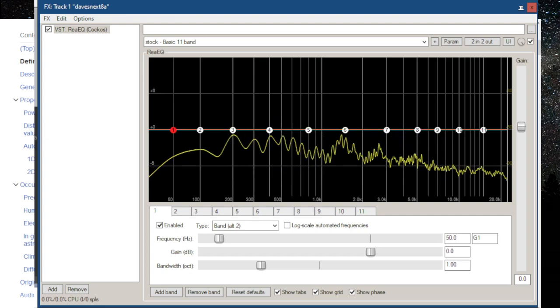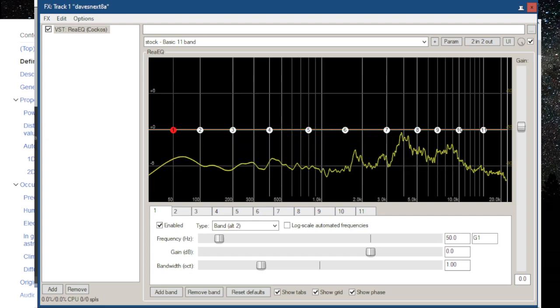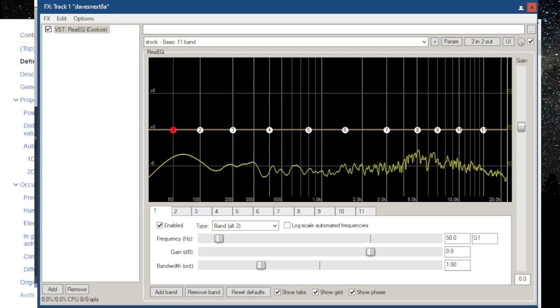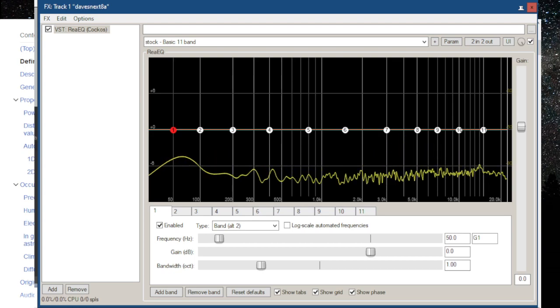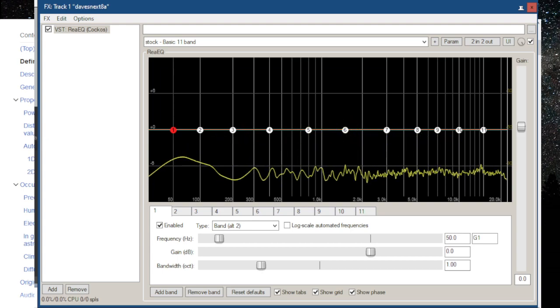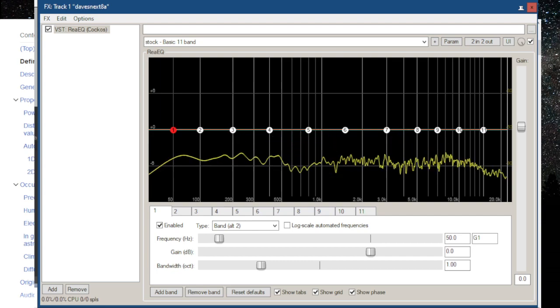There's another kind of noise. It's called brown noise. Let's see if we can get that on here. Well, there's actually Brownian noise, but that's not what I'm looking for.